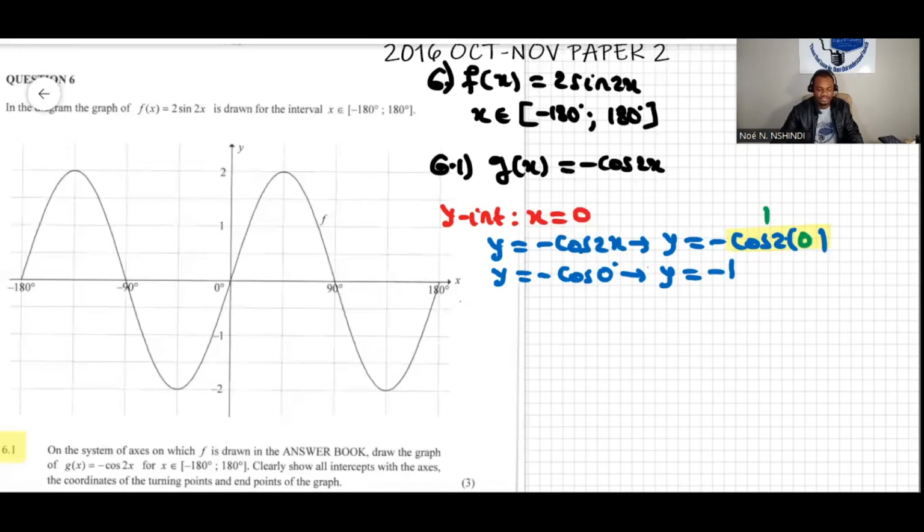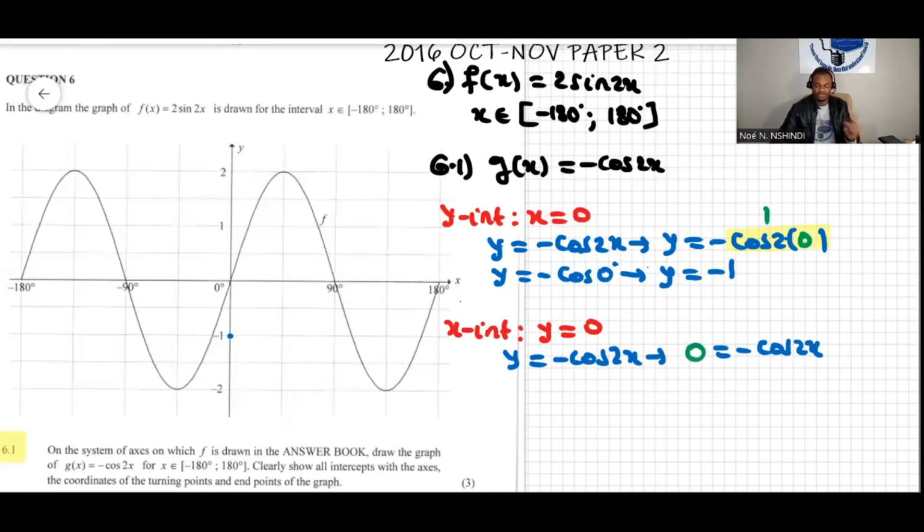We know the y-intercept is there. Now for the x-intercept, x-int is where we make y equal to 0. So the equation is y = -cos 2x, and we set y equal to 0. We can move the negative sign over or multiply the whole equation by -1.